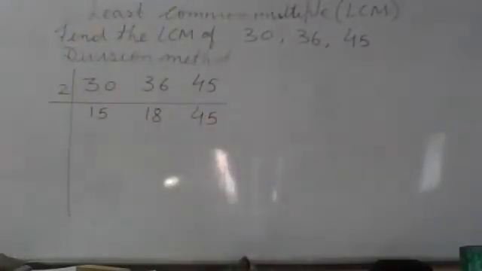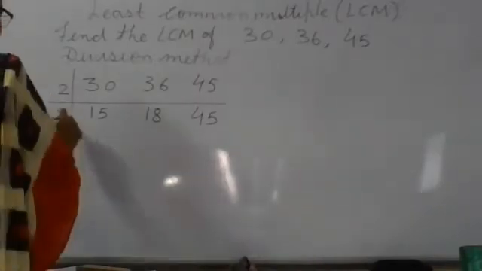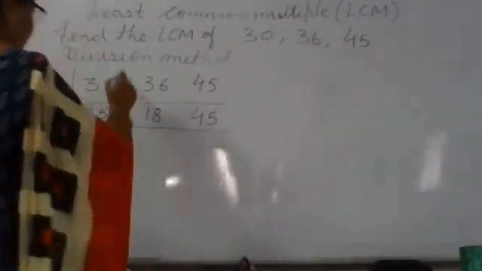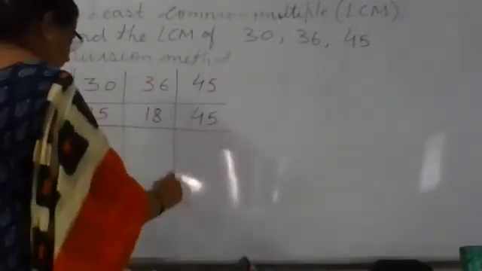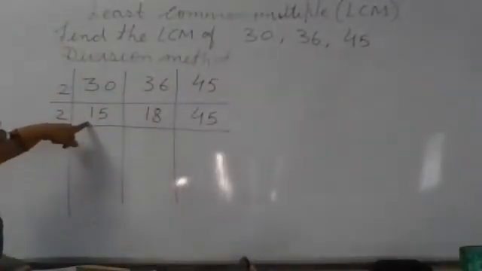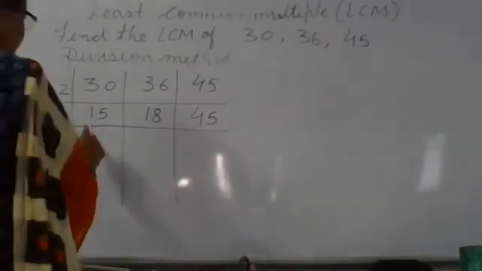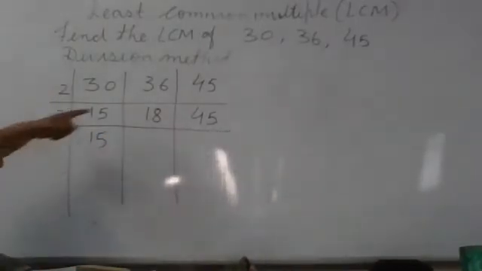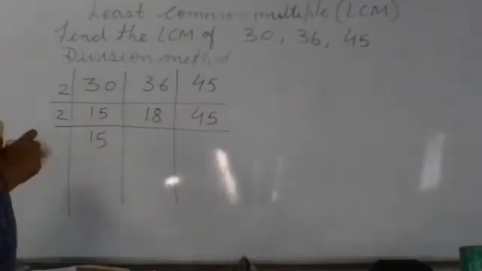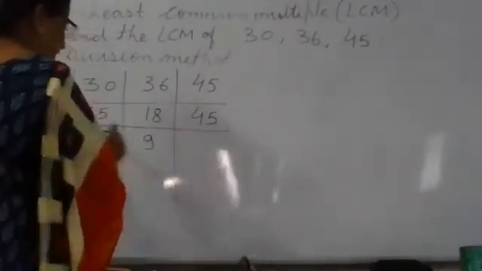Okay? Now again 18 is an even number. See beta, 15 is not divisible by 2, so write down the 15 as it is. 18 is an even number, so 9 2s are 18.